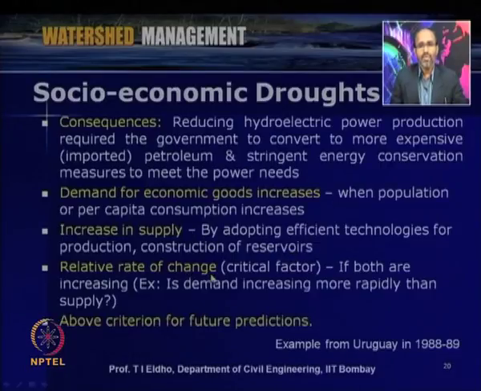The relative rate of change is a critical factor: if both are increasing, is demand increasing more rapidly than supply? Then we can see how the relative rate of change is taking place. Using this criterion for future predictions, depending upon the consequences or the demand for economic goods, we can assess the socio-economic impacts and the corresponding socio-economic drought situation for a particular watershed or region.